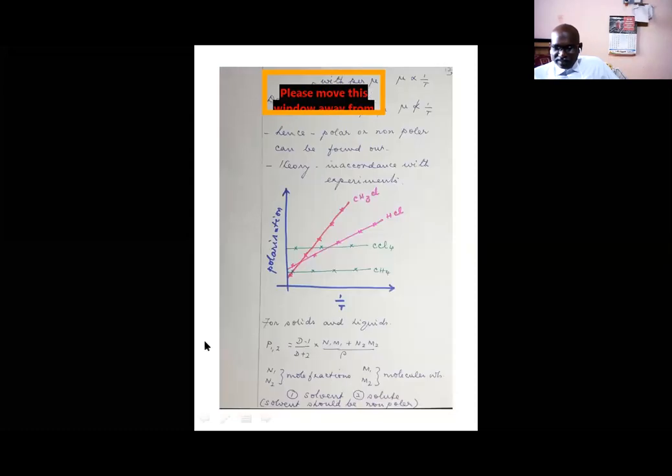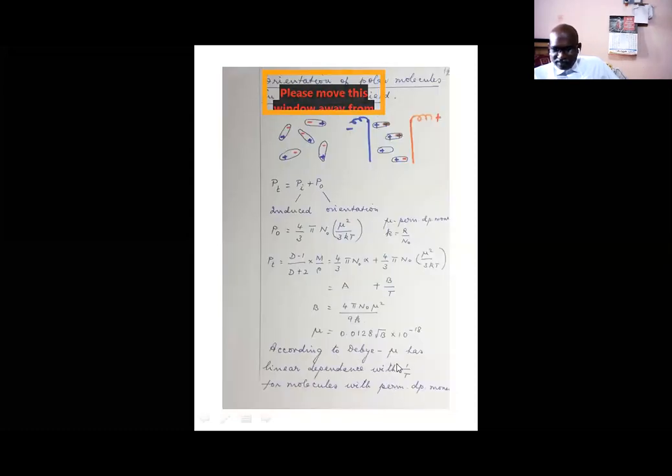So this is called Debye's explanation. What Debye has found out is that the polarization has a linear dependence with 1 by T. Is it right? So this is B, so B comes over here. The polarization has a linear dependence with 1 by T for molecules with permanent dipole moments.